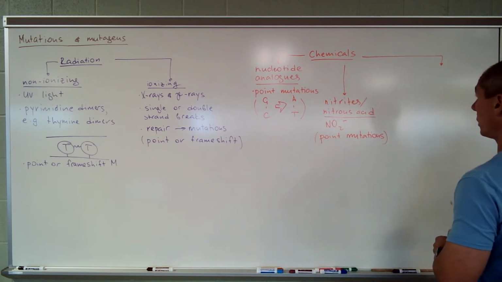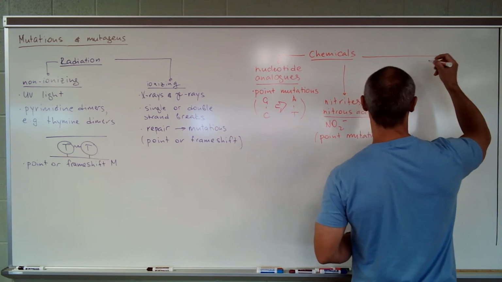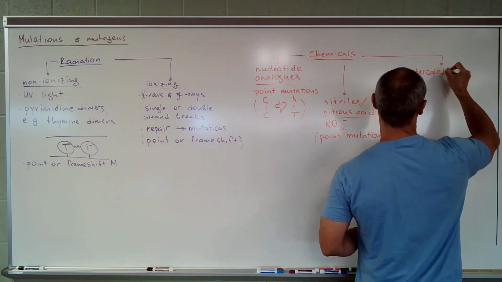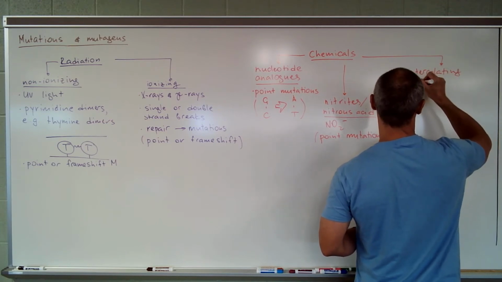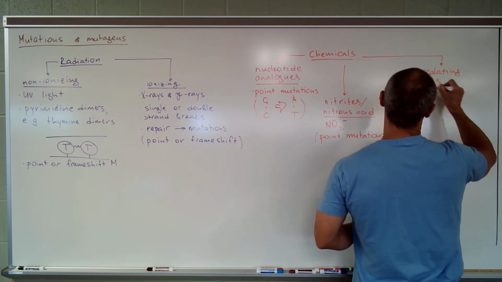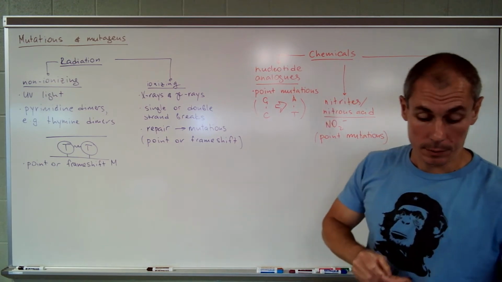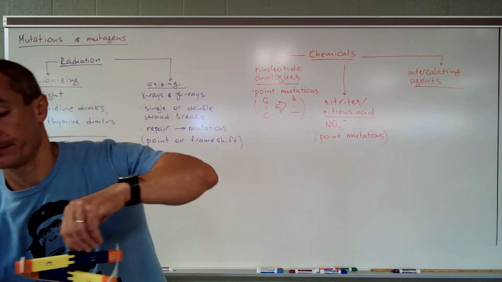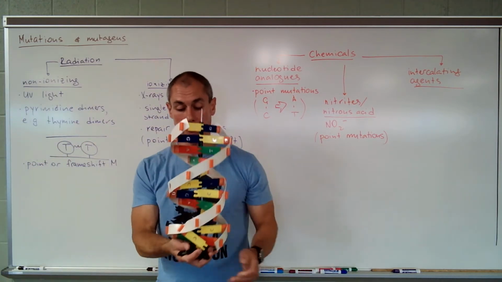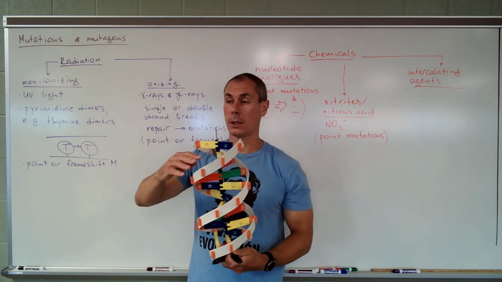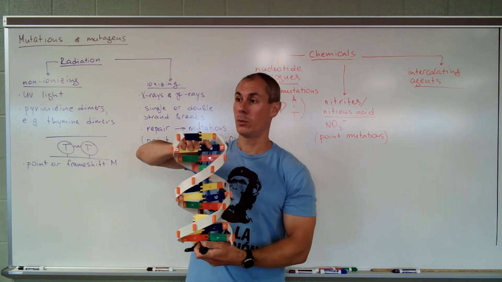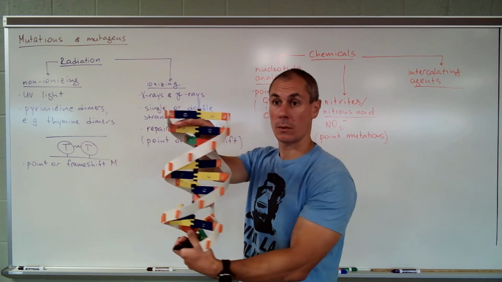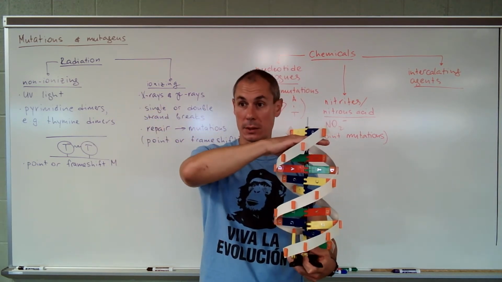And finally, the third class of chemicals, so-called intercalating agents. So these are really cool chemicals. Molecule of intercalating agent, look here, gets inserted between the pairs of nucleotides, like my hand gets inserted between these two pairs. Does that make sense?